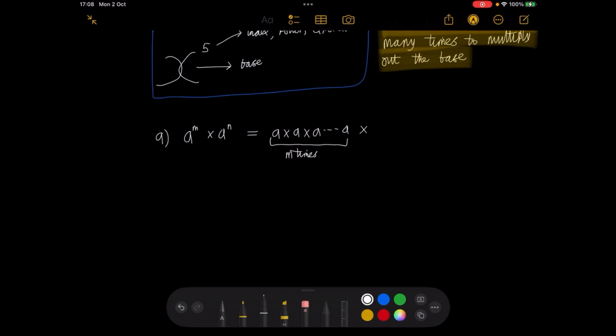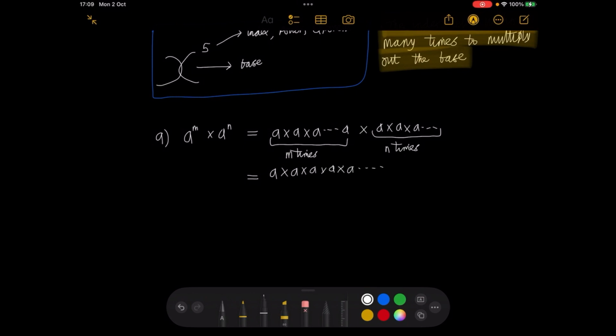So that's the first term. The second term is a multiplied out n times. So we can basically just write all of these a's as a string, because it doesn't matter the order in which we do the multiplication.